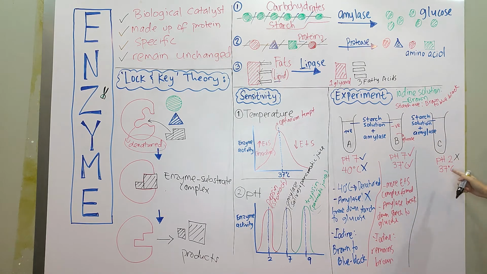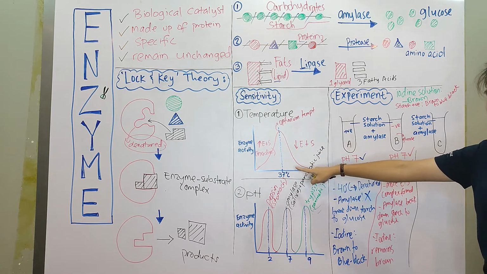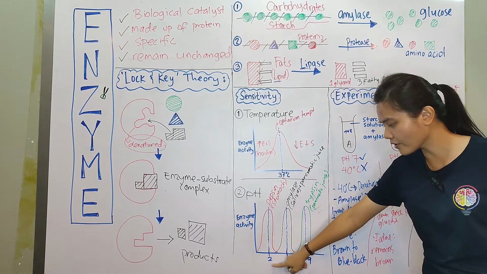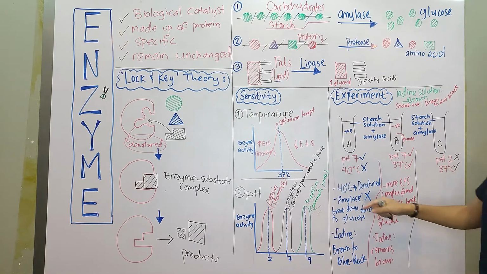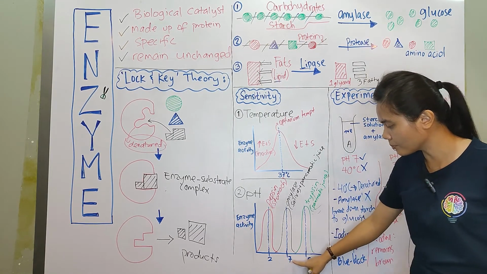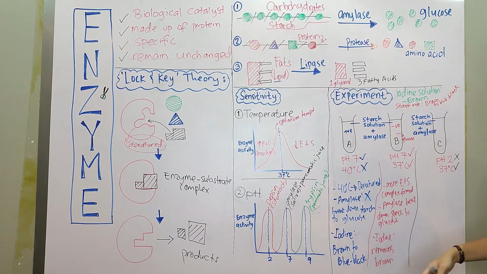So automatically, the other one is correct, only one is in ideal condition, which is 37 degrees. Amylase works fine at 37 degrees, but the pH is too acidic for amylase, so still it will get denatured. Like I said, if it goes lower or beyond the optimum pH, it will get denatured.